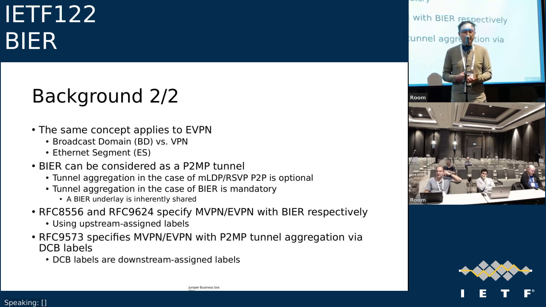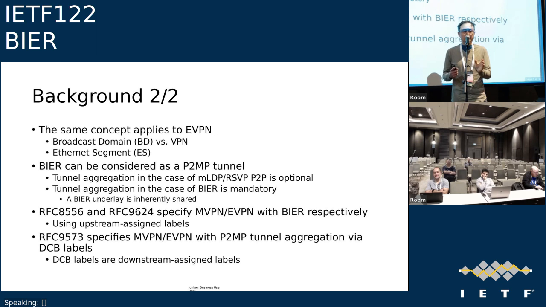RFC 8556, which is the first specification that talks about BIER used for MVPN, and RFC 9624, which specifies BIER for EVPN, do indeed use upstream assigned labels. Those are actually complete solutions.